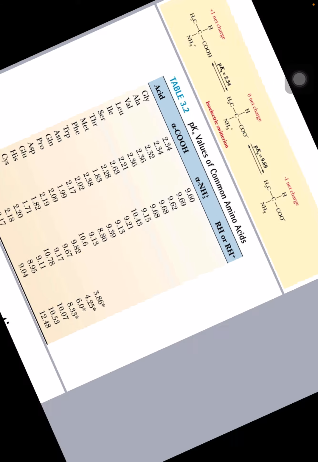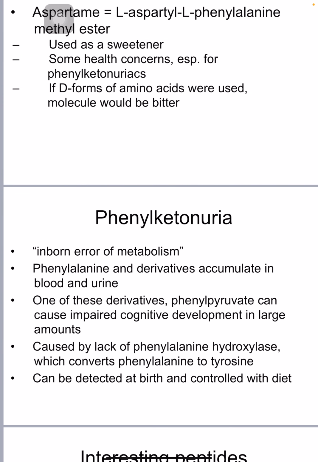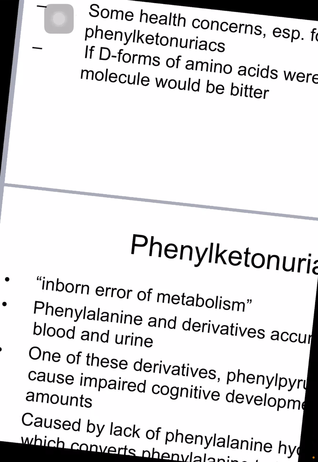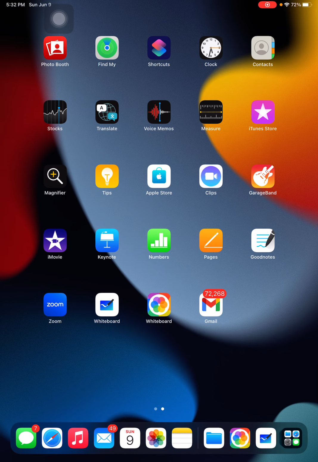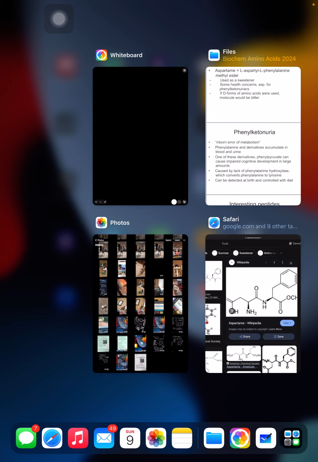A lot of these metabolic diseases result from enzyme deficiencies, right? So basically, how it works here is that, let's say you have phenylalanine, PHE.